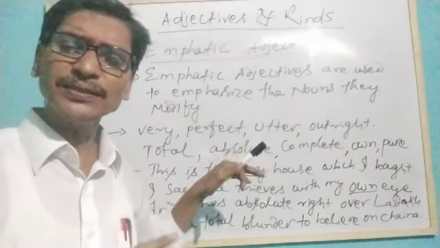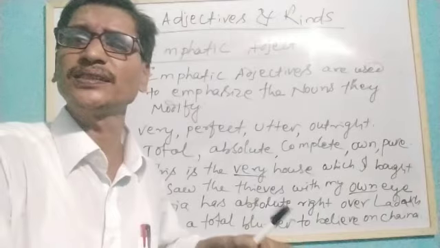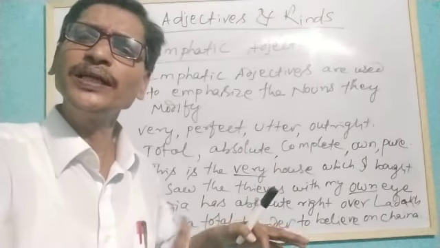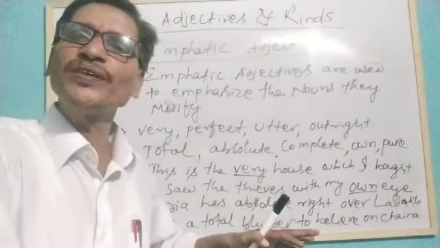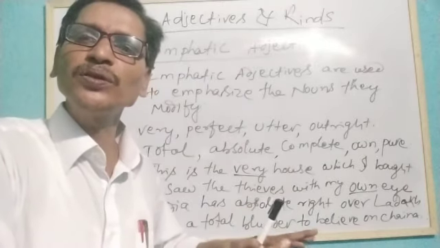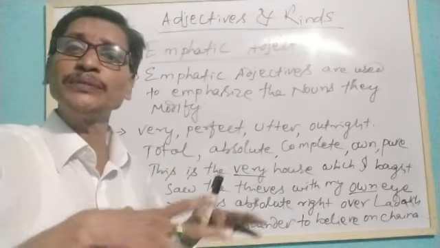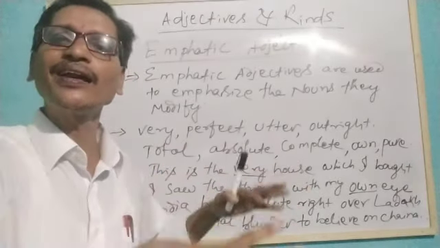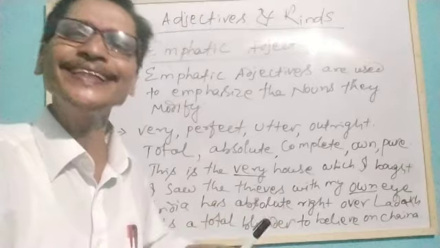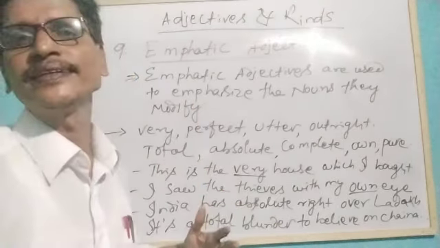Emphatic means, as the word says, we give stress or importance to something; we emphasize it. Therefore, some words used as adjectives help us to give emphasis on something. They are called emphatic adjectives. How are they used? Let us understand right now.